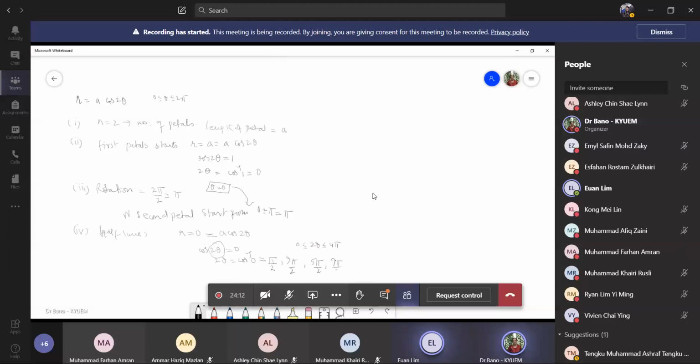What about the others? Are you getting this? So that means here we get theta is equal to pi by 4, 3 pi by 4, 5 pi by 4, and 7 pi by 4.